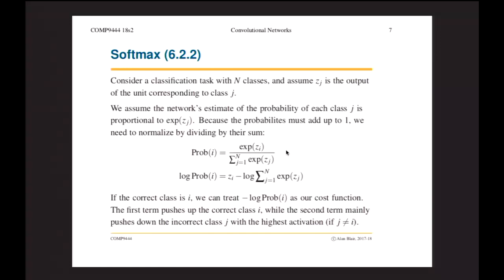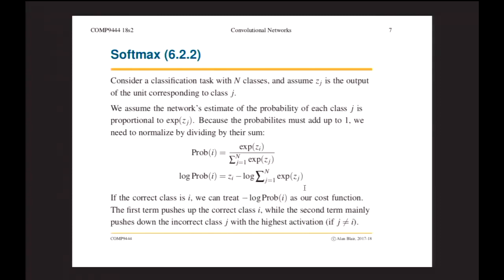What we want to do is maximize the log of the probability of the correct output. And if you take the log of this expression, the log of the top just becomes Zi, and then we have to subtract off the log of the denominator. So we get this slightly complicated expression here where we take a sum of exponentials and then we take the log of it.